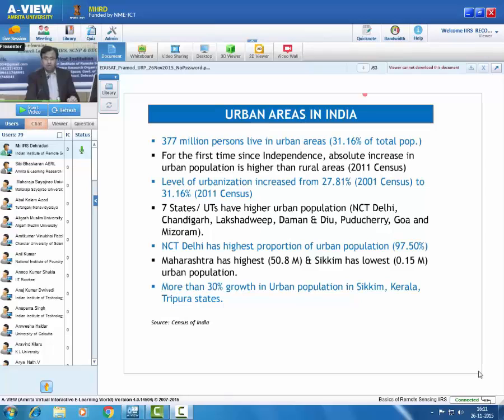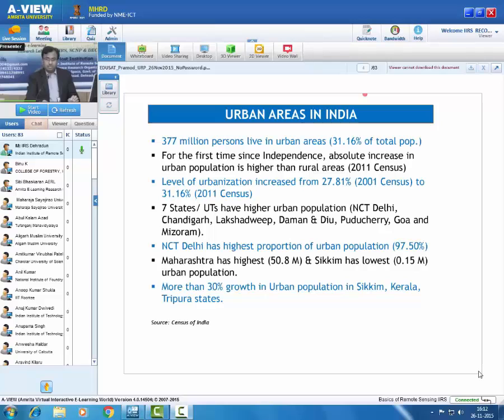Now, as we all know, 337 million persons live in urban areas, that is 31.16% of the total population. As we have discussed just now, the level of urbanization has increased from 27.81% as per the 2001 census, and now it has increased to 31.16% as per the 2011 census.